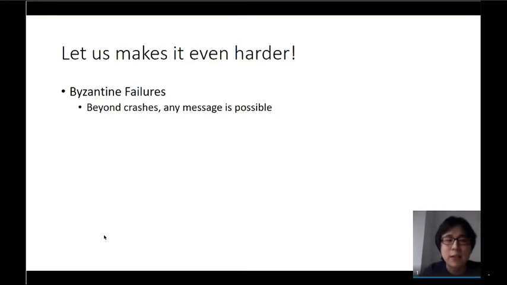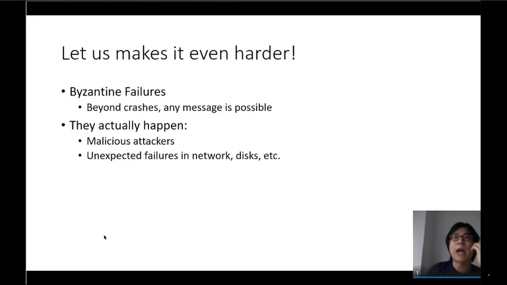Byzantine failures means that in the system, beyond simple crashes, the server can actually do whatever it wants to do. It can send out any message not following the protocol you have. This can actually happen in reality because the server might be taken over by a malicious hacker, and then the hacker can just run arbitrary commands with the program.